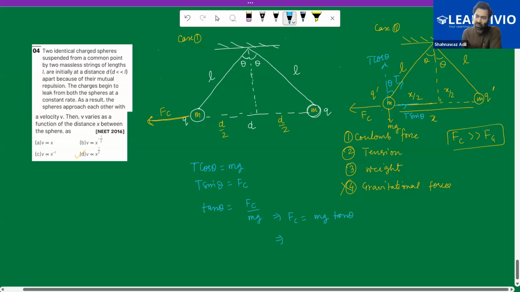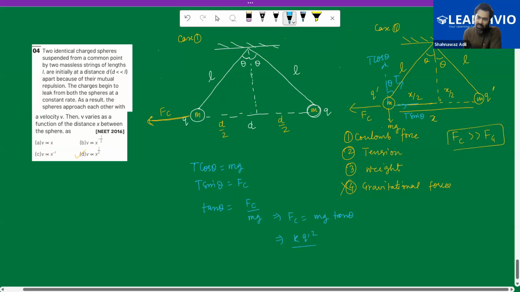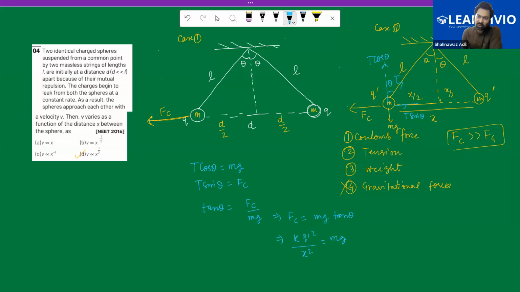And I know what Fc is. The charges are q prime, so that would be simply k q prime square divided by the separation between them, x square, equals mg tan theta. Because theta is small, tan theta is perpendicular by base. This is L, and this is x by 2.